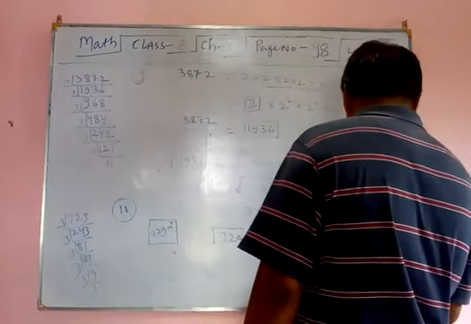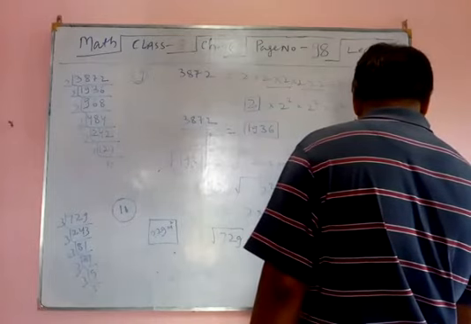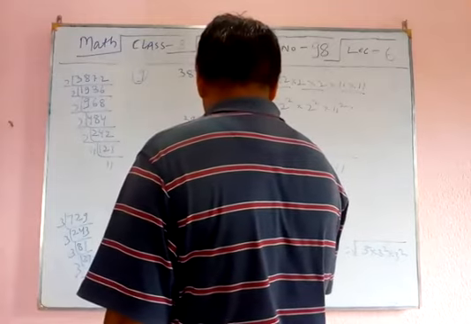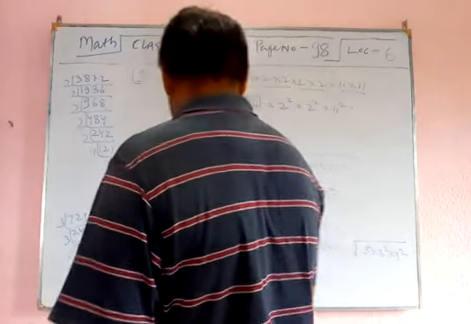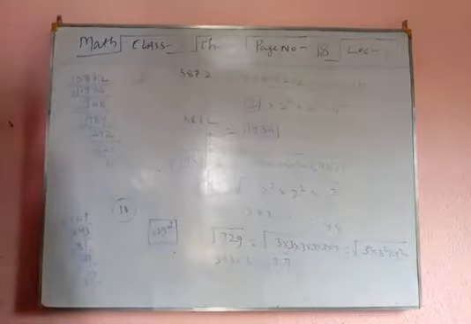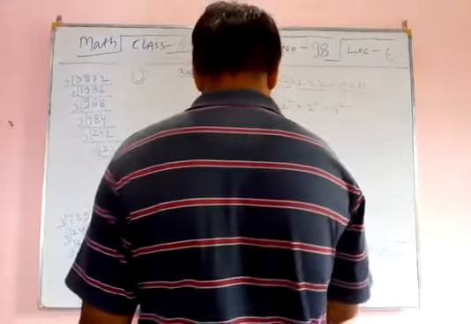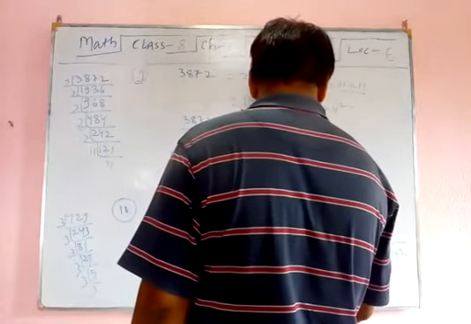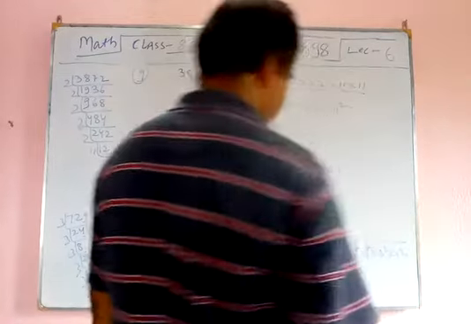That is equal to 3 square into 3 square into 3 square is equal to 3 into 3 into 3. That is 27. So the dimension of a square is 27 meter.